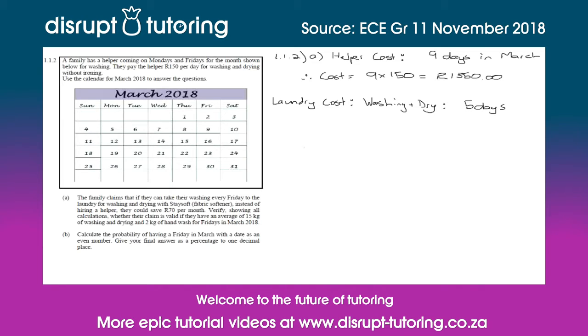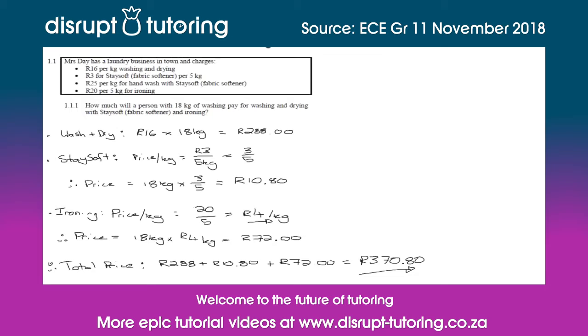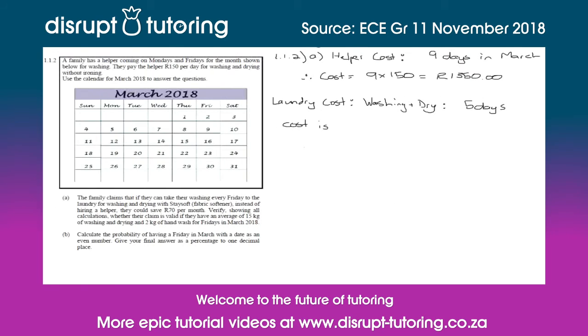For the costs for washing, we'll use this table. It says it's 16 Rand per kilo. So the cost is going to be 16 Rand per kg, and they said they have on average 15 kilos of washing.